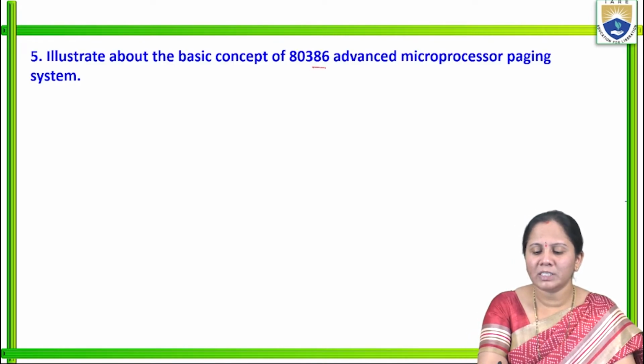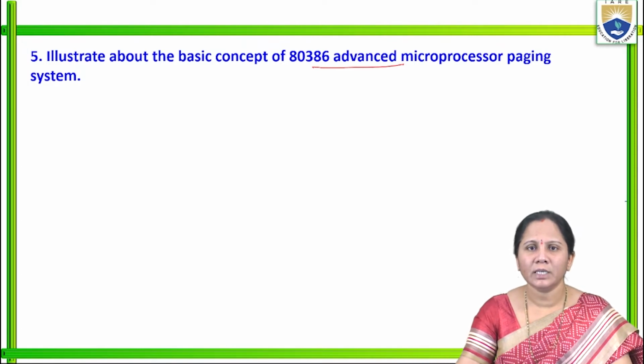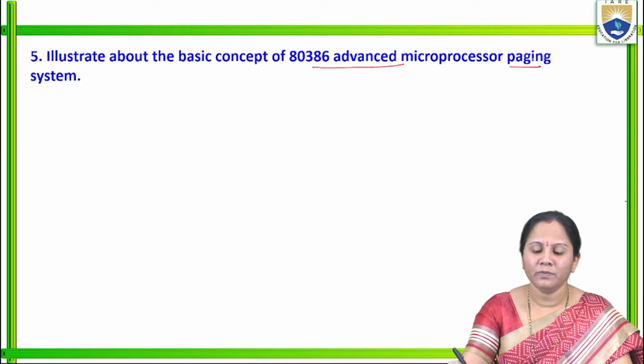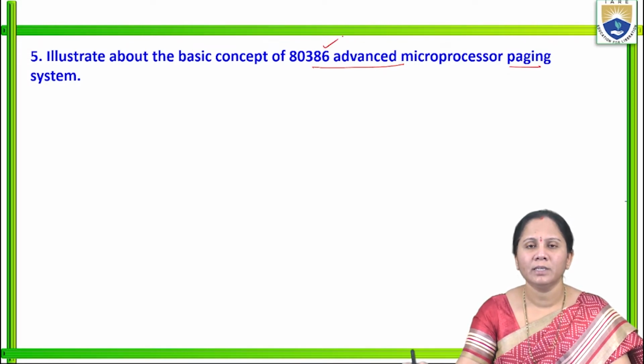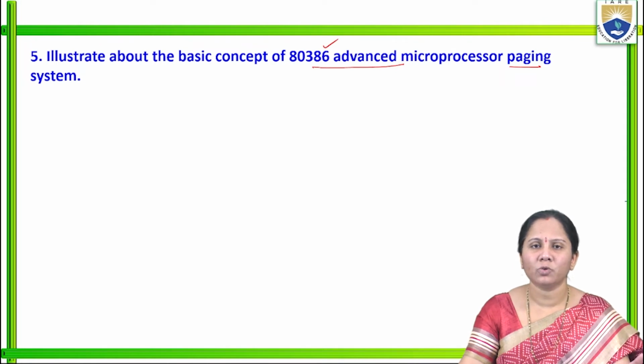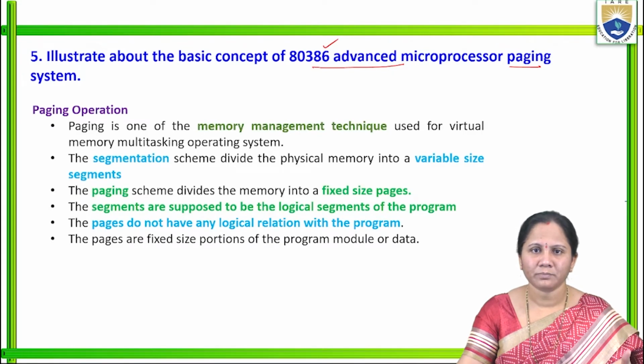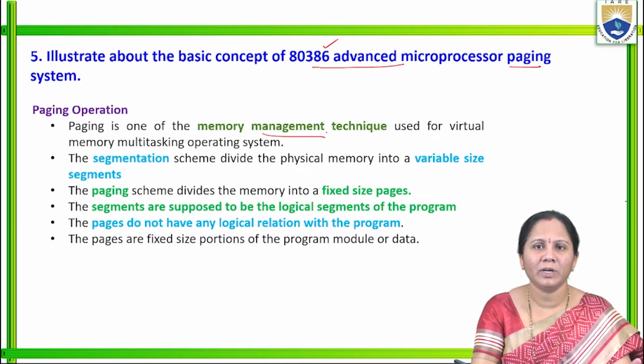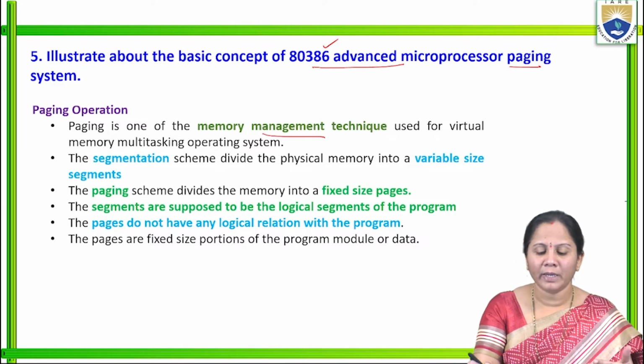And illustrate about the basic concept of the 80386 advanced microprocessor paging system. So if we see the architecture of 80386, it consists of one important block which is called the paging unit. So here they are asking what is the importance of that paging unit that is available in the 80386 architecture. So that means we have to write what is the importance of paging. That means it provides a memory management mechanism by dividing the entire physical memory into fixed size pages.